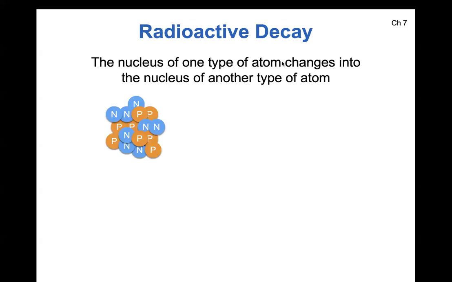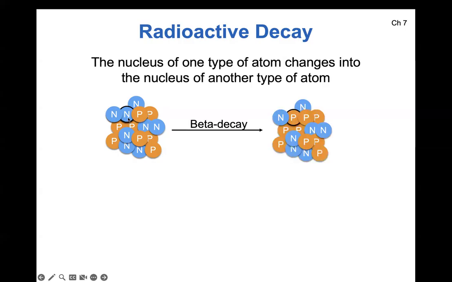And if we look at an example nucleus of an atom, it can change into another type through this aforementioned process called radioactive decay in a number of different ways. Really, if we're being technical, at least 4 different ways, but 2 that are most important. And there's 2 we're going to discuss in this class. And one type of radioactive decay involves a neutron becoming a proton, and this is called beta decay.